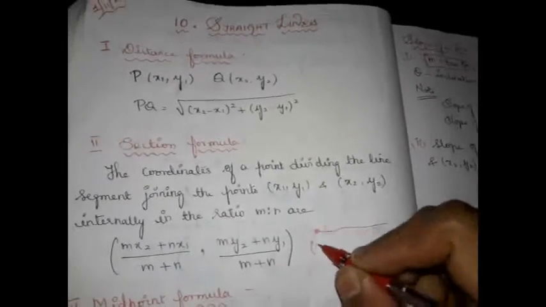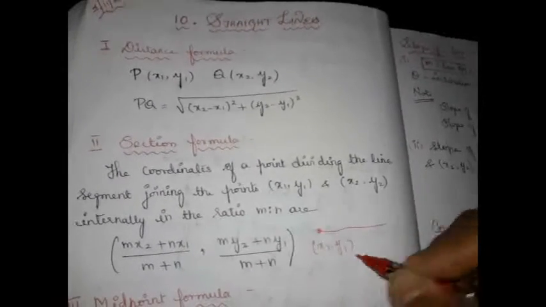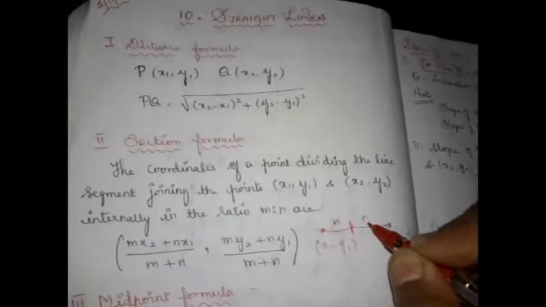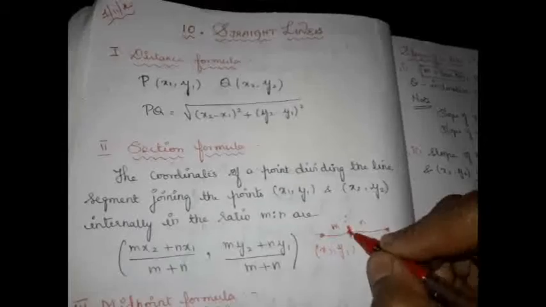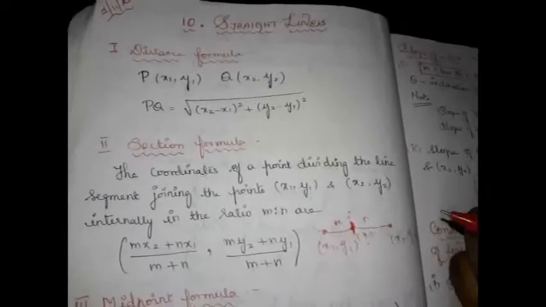If we have a line segment, say this is the point x1, y1 and this is x2, y2, and I want to divide this line in the ratio m is to n, how will you find the coordinates of this point? There is a formula, called the section formula.